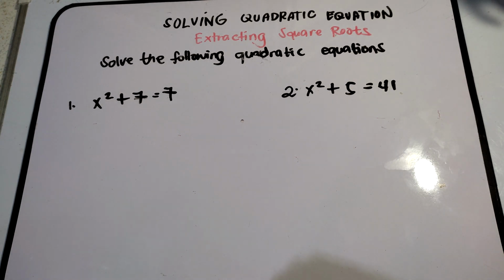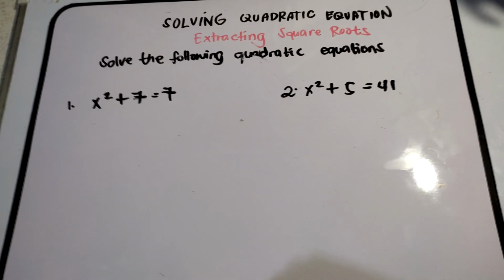In example number 1, x squared plus 7 is equal to 7.